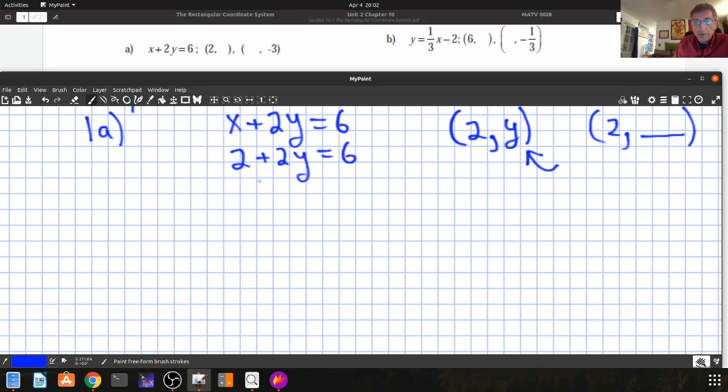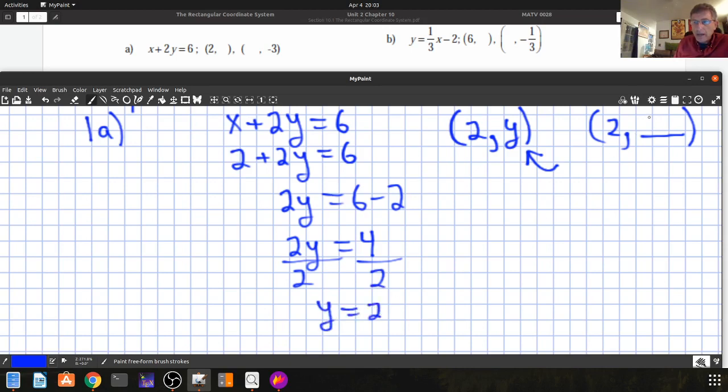So I'm going to move the 2 to the other side. So that gives me 2y is equal to 6 minus 2. In other words, 2y is equal to 4. So if I divide both sides by 2, I get y is equal to 2.